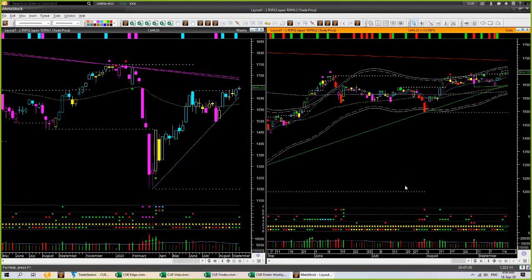Now the Japanese market, it was inside a box. It came out of the box in last couple of days. However, there is a memory resistance in the weekly. I will not look for any buy setup right now.